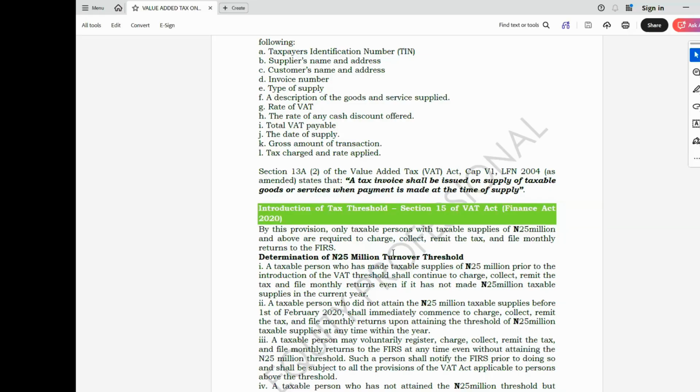So the determination of the 25 million turnover threshold. A taxable person who has made taxable supply of 25 million prior to the introduction of the VAT rate shall continue.